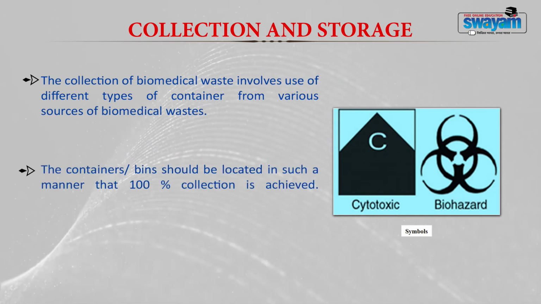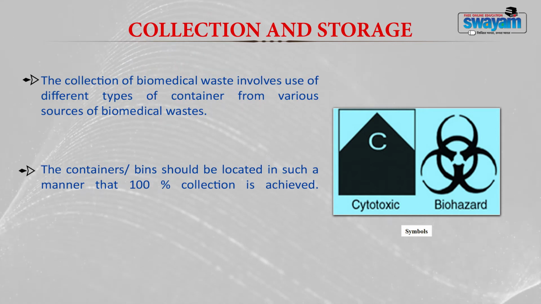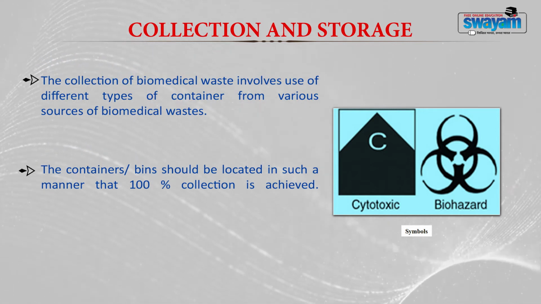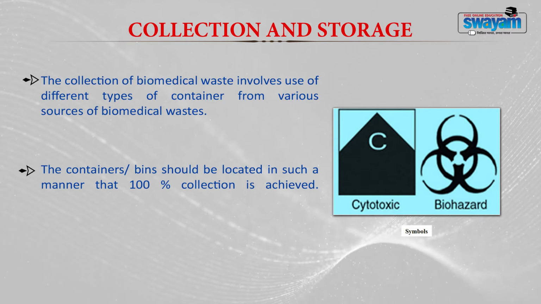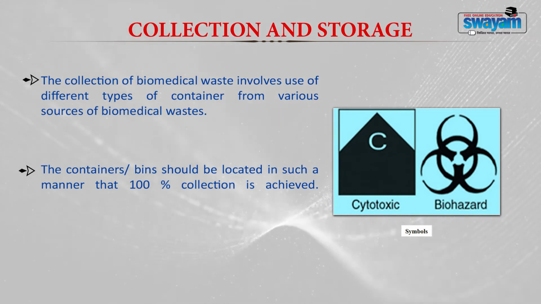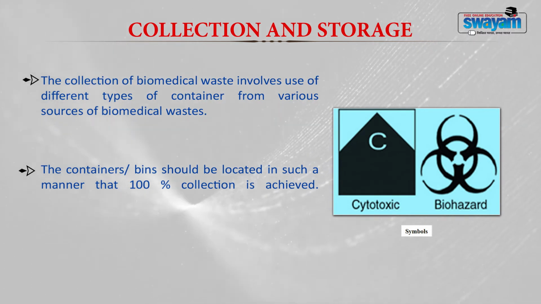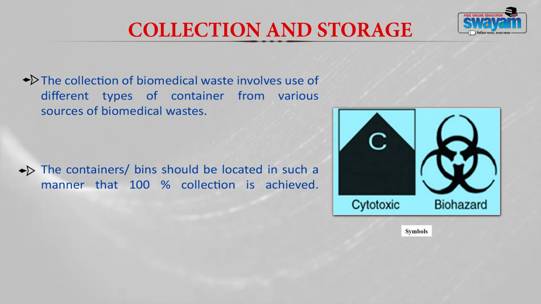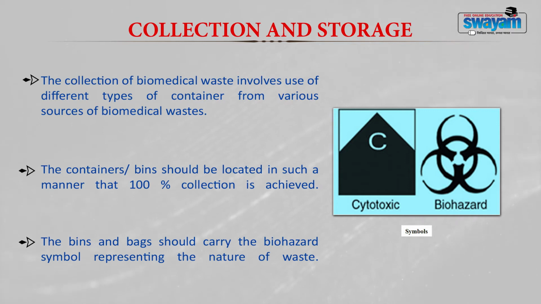The containers or bins should be located in such a manner that 100% of waste collection is achieved. That means you have to place them in such a way that 100% of the waste is dropped in that particular container. The bins and the bags that you use to carry the biohazard should have the biohazard symbol.